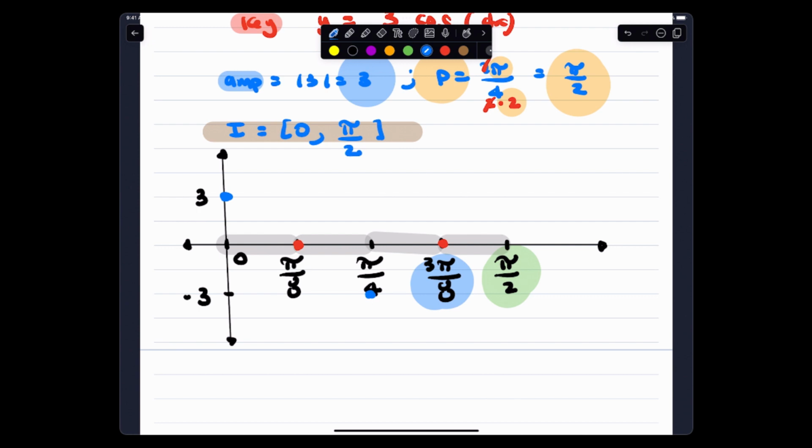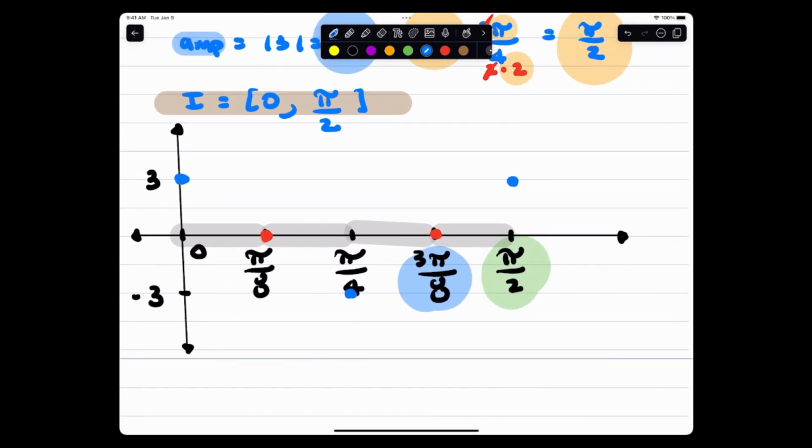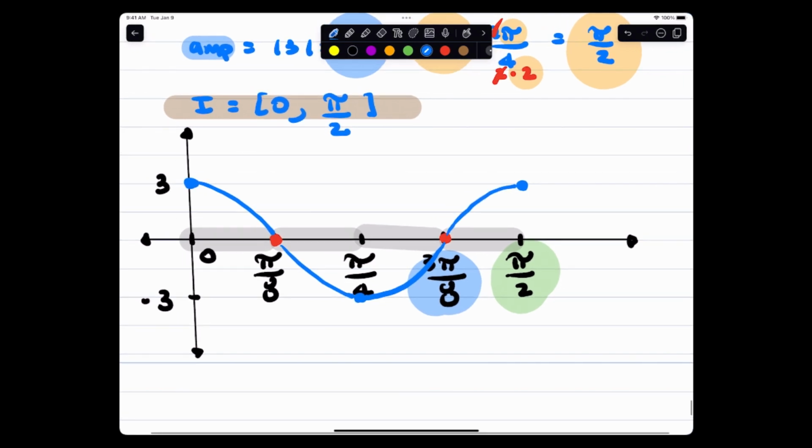And then back to the maximum value. There you guys go. Is that the graph of cosine, ladies and gentlemen?